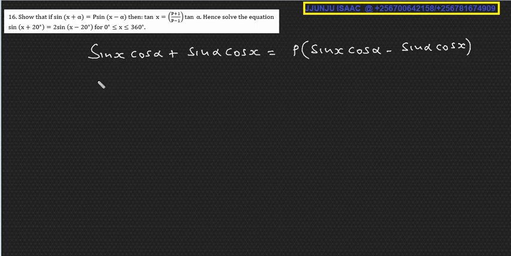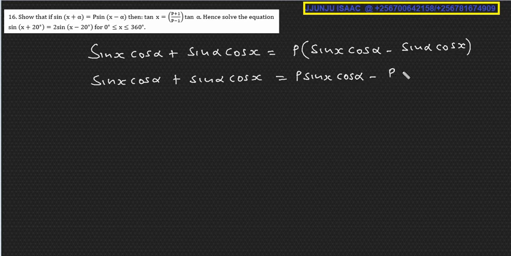So removing the bracket, I have sine x cos α plus sine α cos x equal to p sine x cos α minus p sine α cos x.